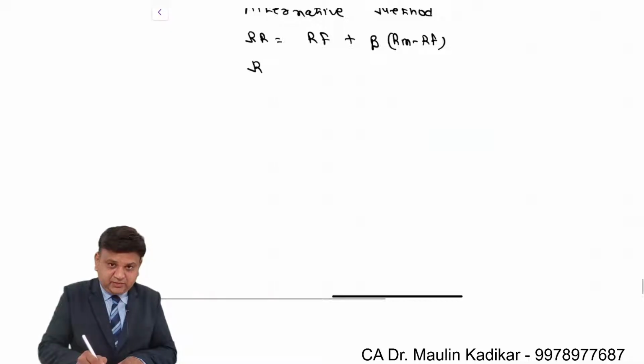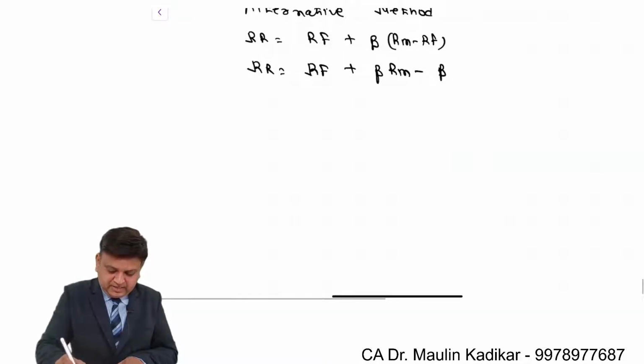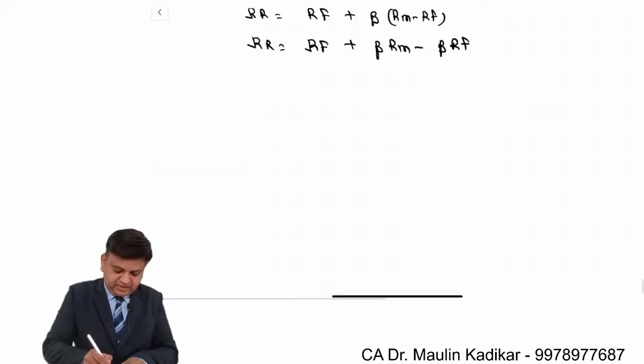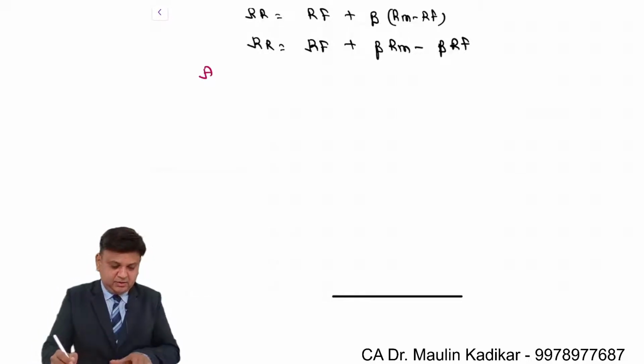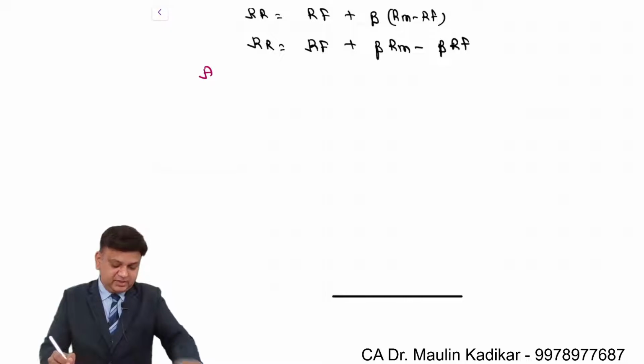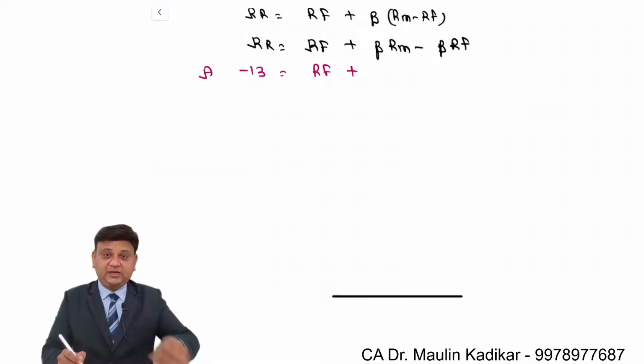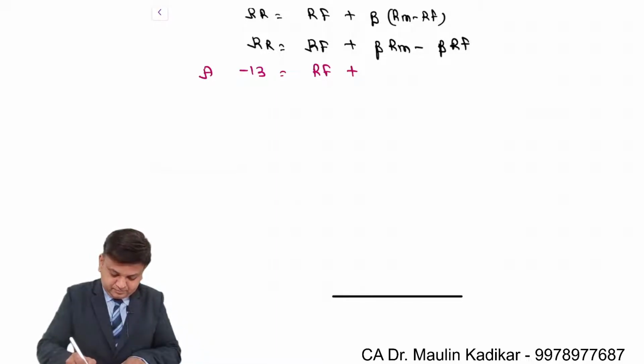Next, required rate of return is equal to RF plus beta RM minus beta RF. In case of security A, the required rate of return is negative 13 when Rm is negative 10. So minus 10 into beta, minus beta Rf.